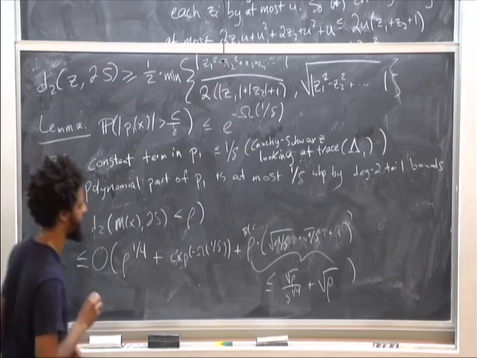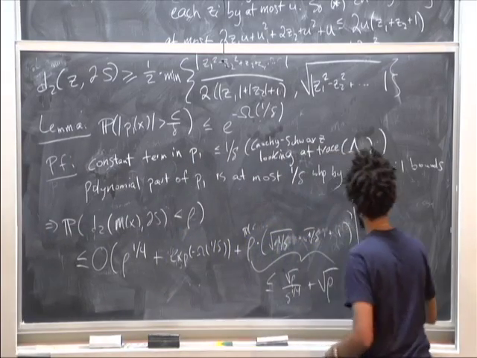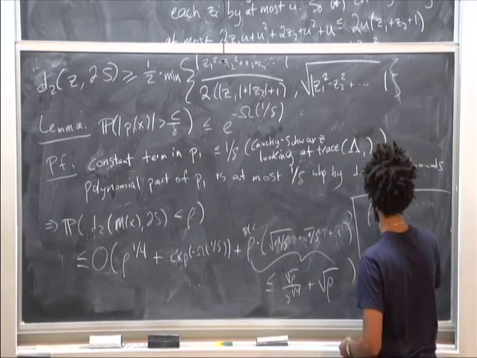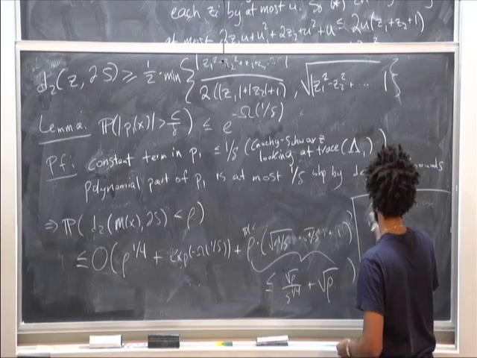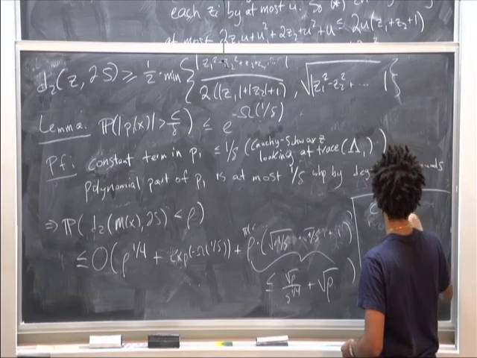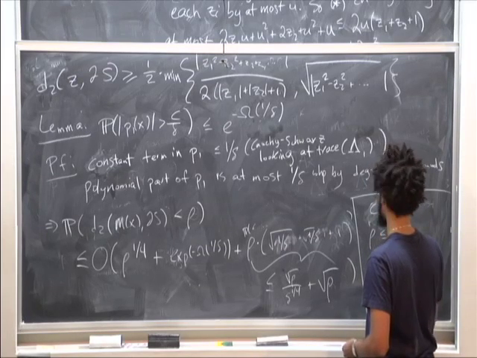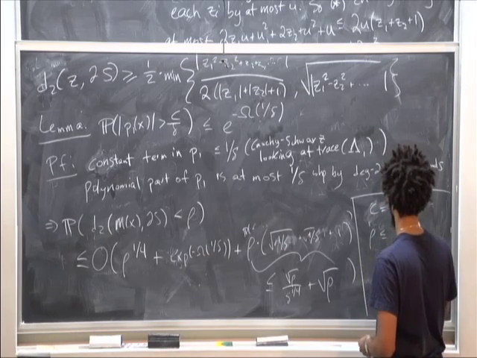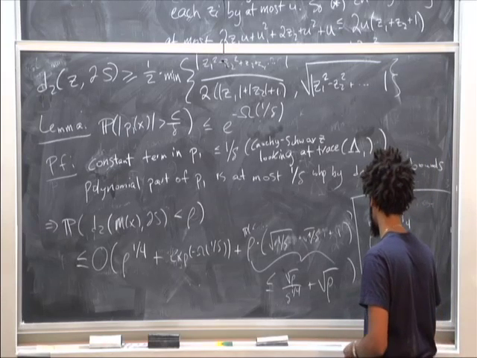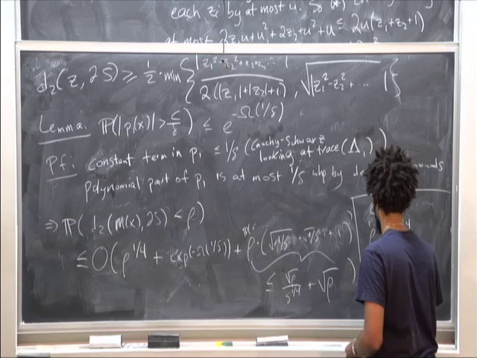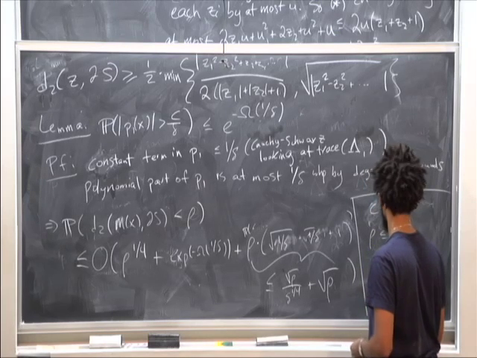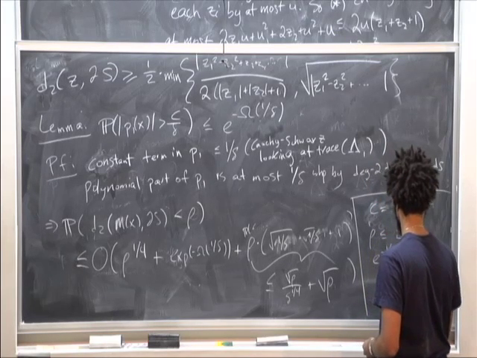Rho has to be less than or equal to epsilon to the 4th power, and also e to the minus 1 over delta should be less than or equal to epsilon.